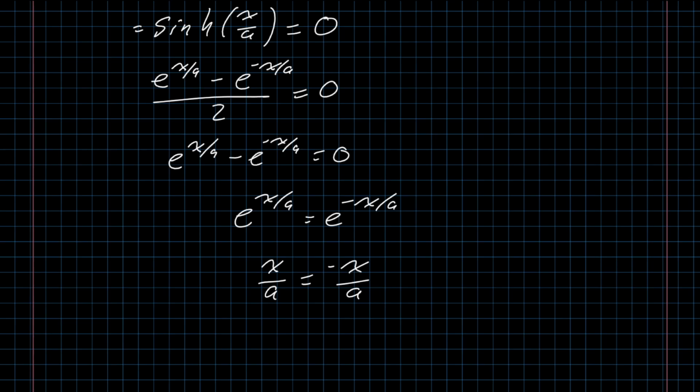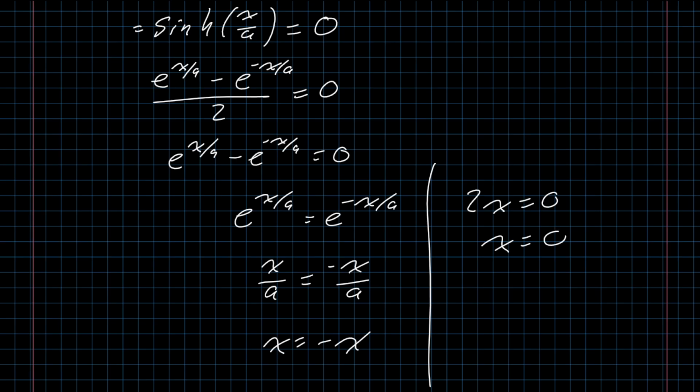Multiply both sides of the equation by a. x equals the opposite of x, which you probably know only happens at one point, but to be technically correct, add x to both sides of the equation. 2x equals 0, and divide by 2, x equals 0.